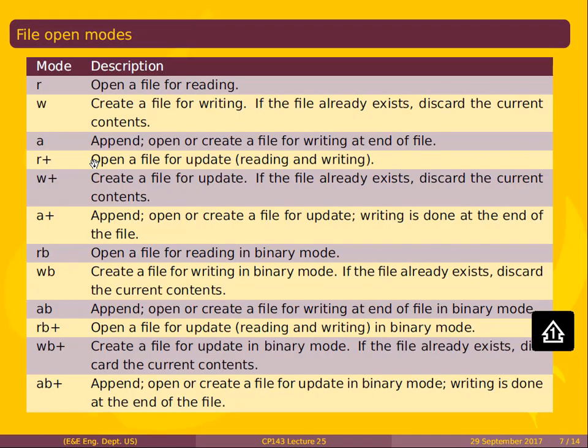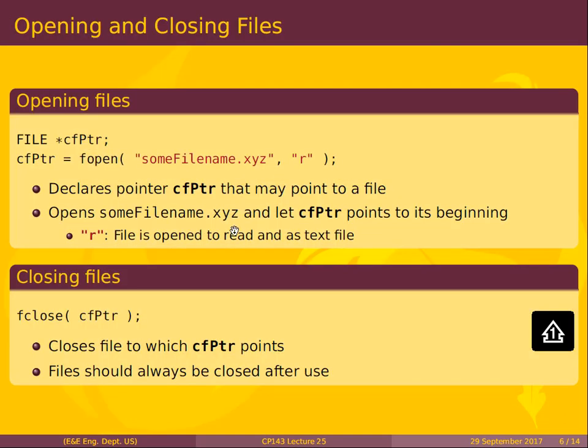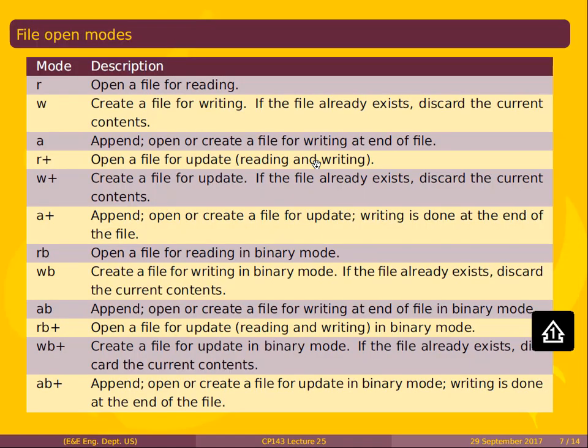Okay. Now, as I said, for this second argument, where we used R, there's a number of these keywords that we can add. We can add an R, as I said. It opens a file for reading. We can also specify a W. Now, W means that you're going to create the file for writing. But then the question comes up, what happens if the file already exists?